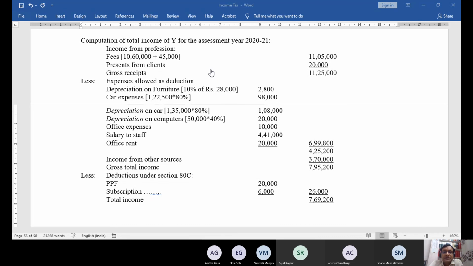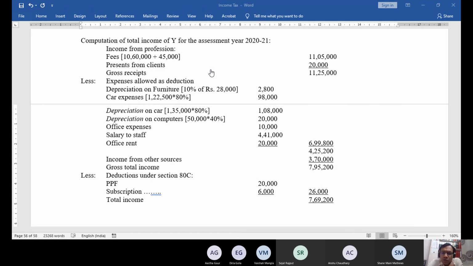And day after tomorrow we will start a chapter, assessment of firms. In the PGBP chapter, which you will study from any book, you won't find the case of a partnership firm. Anyone can do a business, a firm can also do a business. So normally you will find the cases of individuals, HUFs or companies, because for firms we have section 40 clause B, which I have not yet discussed.